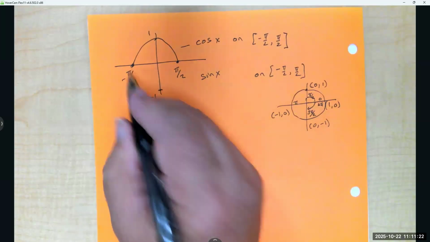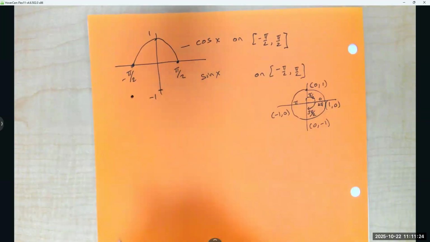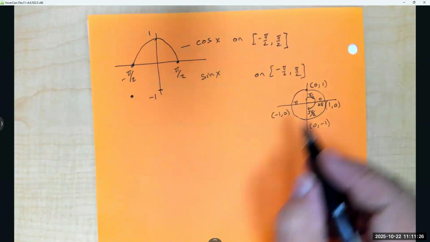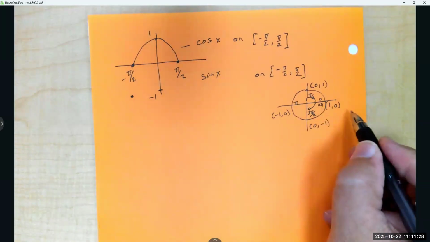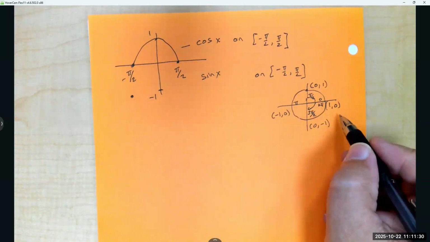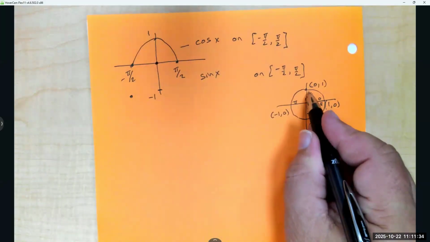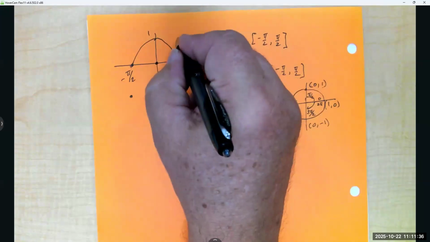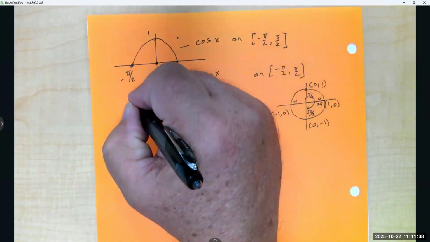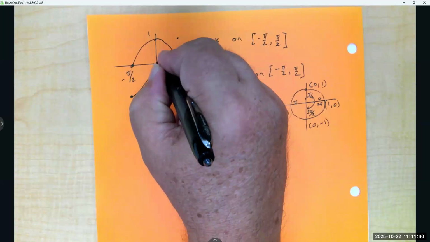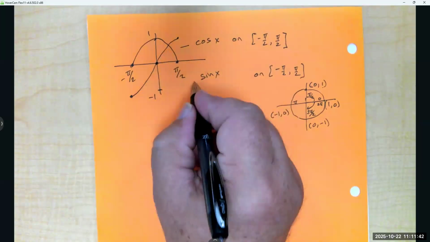So at negative pi over 2, it's negative 1. At 0, what is sine? 0. And at pi over 2, what sine? So that's the sine function.